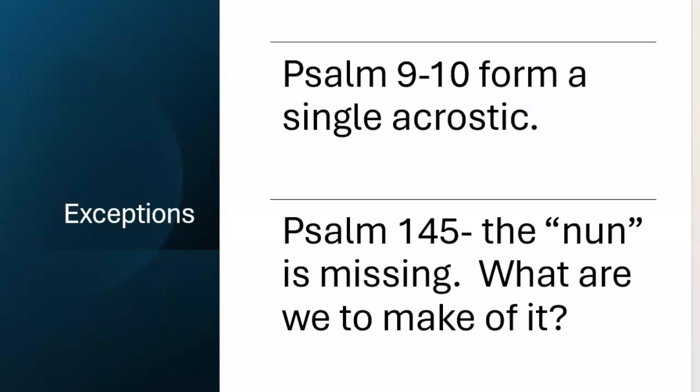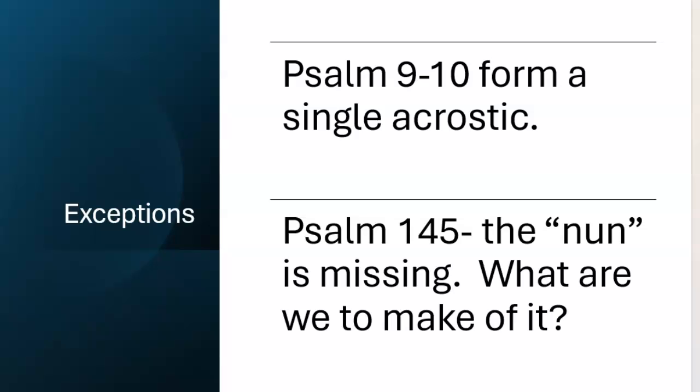And then Psalm 145 is an almost complete acrostic psalm, but the nun, the N, is missing. And so what are we to make of that? And so some commentators will think that it's just a defective construction. Other ones might say the topic indicates that perfection may not come as the psalm is describing.